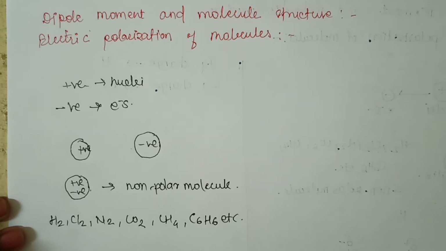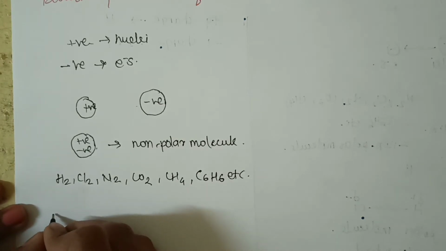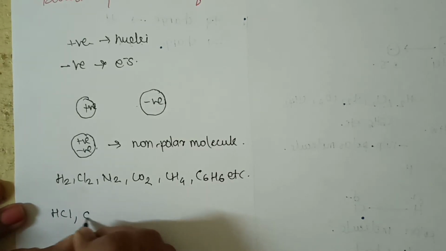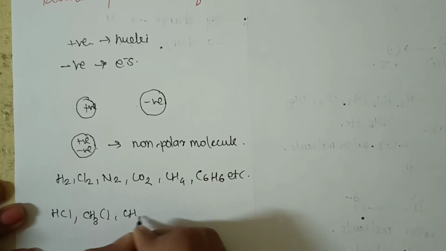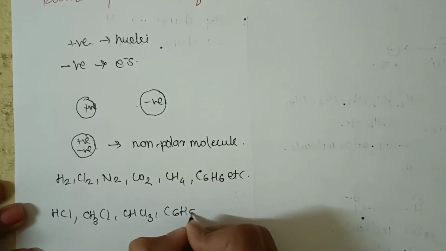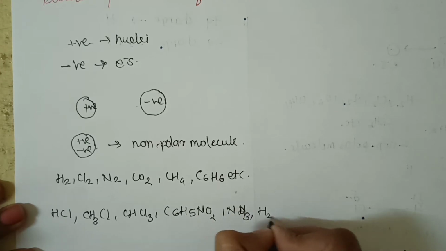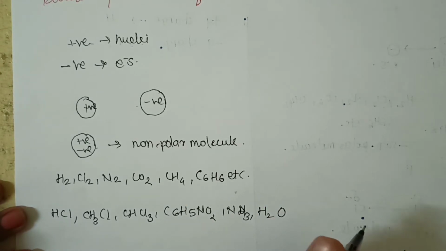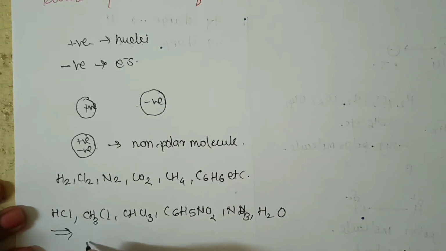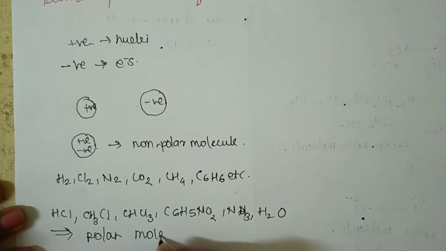Let us write the examples: HCl, CH3Cl, CHCl3, C6H5NO2, ammonia, and water. In these molecules, the center of gravity of the positive nuclei and the electrons do not coincide with each other, and this type of molecule is called a polar molecule.